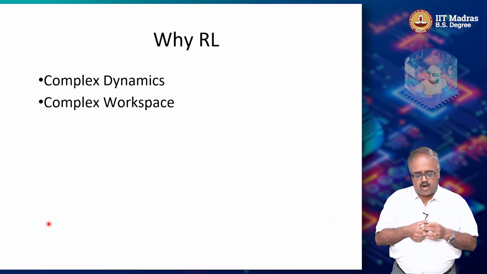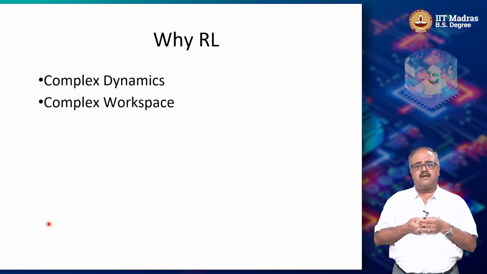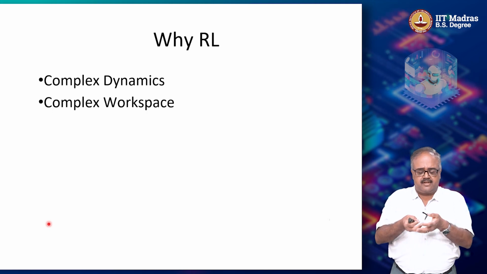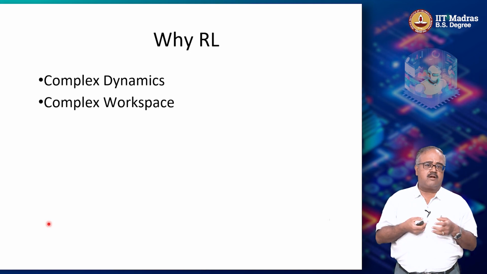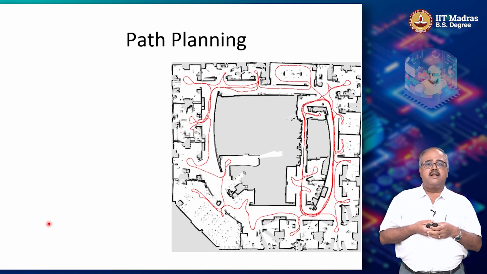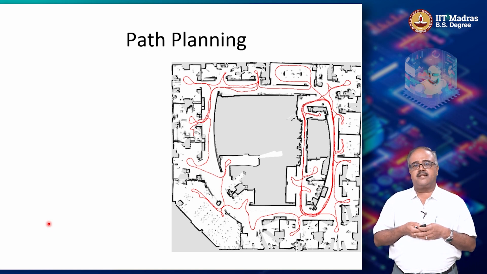The second thing is when you're operating in really complex spaces. Instead of cycling on a plain empty road, you might be cycling in crowded traffic, or trying to navigate a very complex multi-roomed building that looks like a maze.